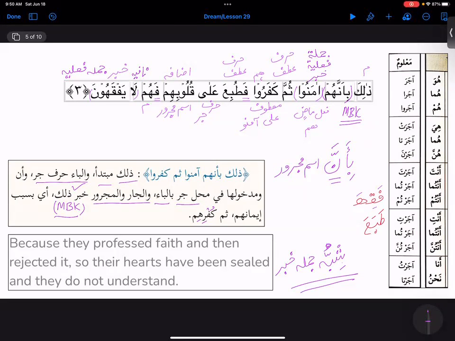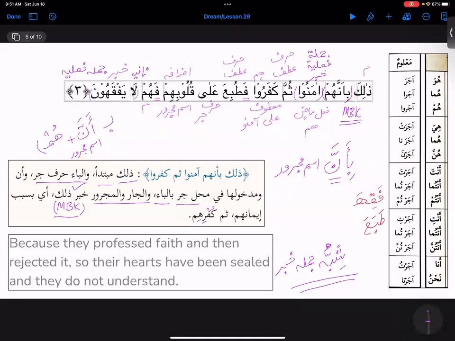Okay, why is it so confusing? Ba harfu jar, and now I have anna, right? So anna is a majroor, right? Yes. And now this majroor is attached to whom? Can we put them in a different place? No, they are connected together, right?